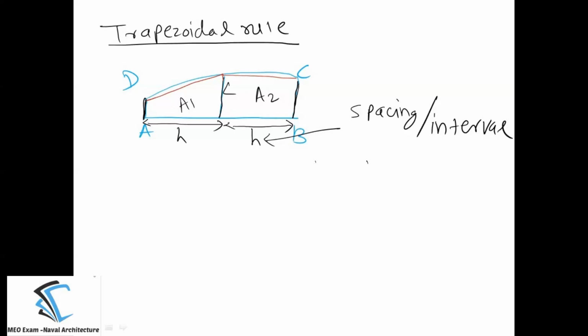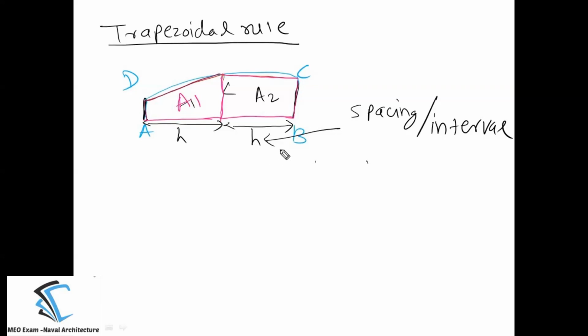This is trapezoid number 1, I will call it A1, and this is trapezoid number 2, I will call it A2.